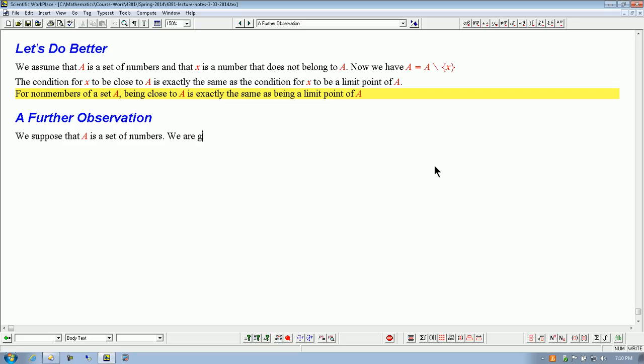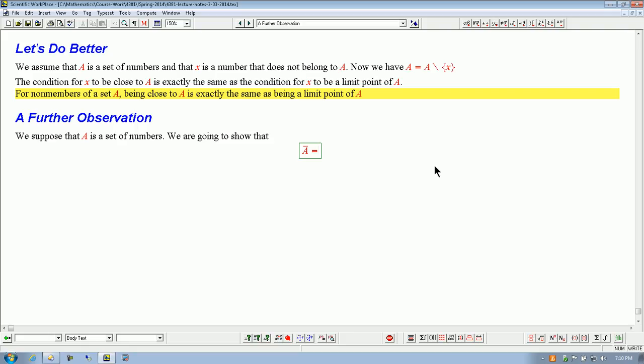We are going to show that if you look at A bar, what is A bar? That's the set of all numbers that are close to A. I'm going to explain to you why A bar is exactly equal to, who knows what I'm going to write.